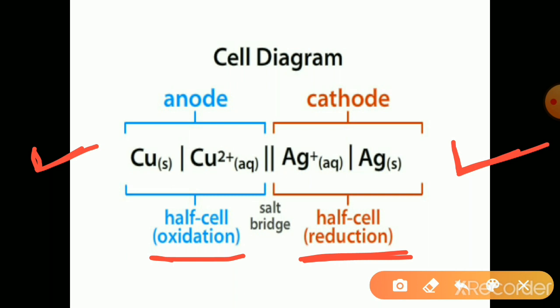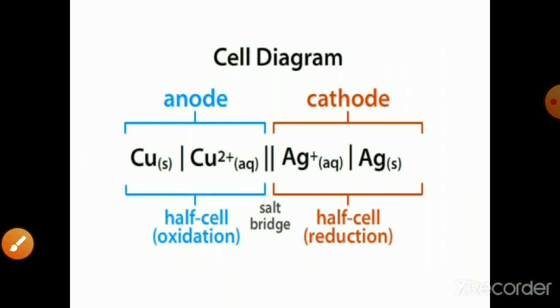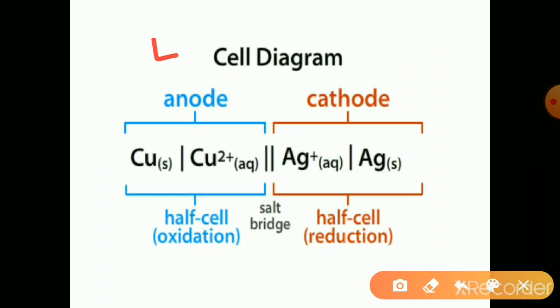Here, while representing the anode in the complete cell diagram, the cell diagram is the representation of the overall cell. A vertical line is placed between the metal strip and its ionic solution.